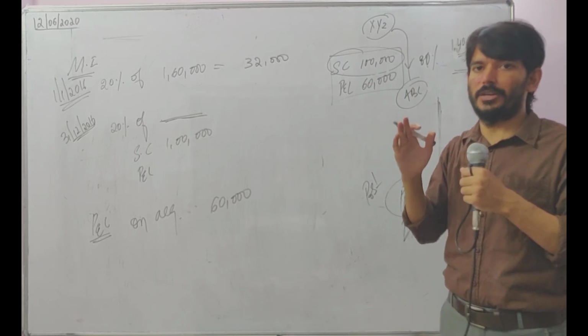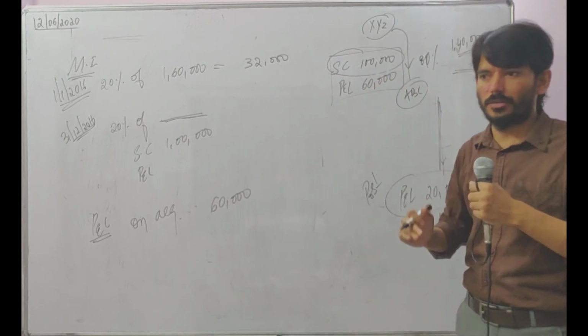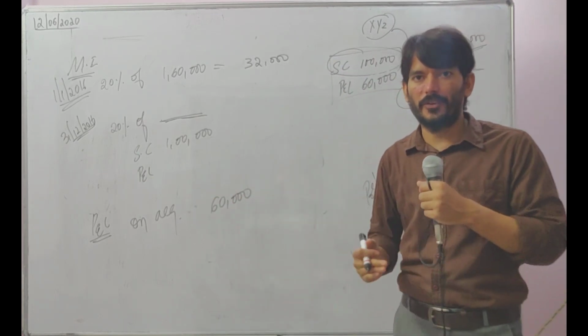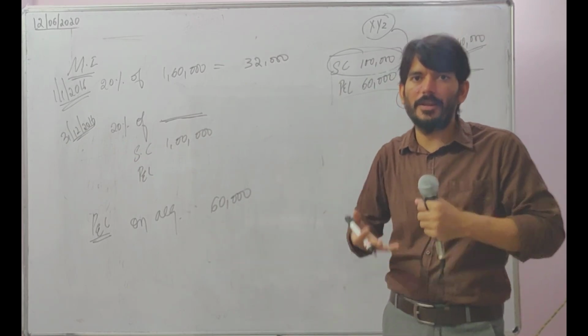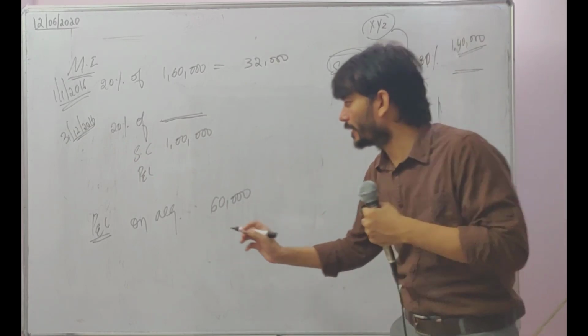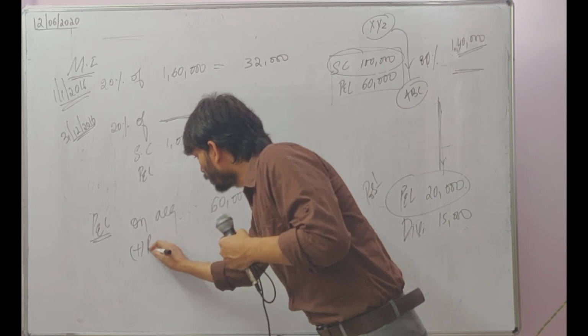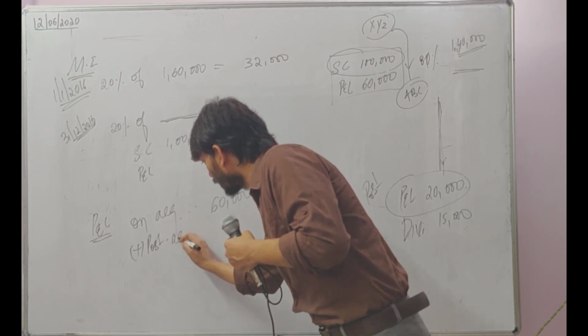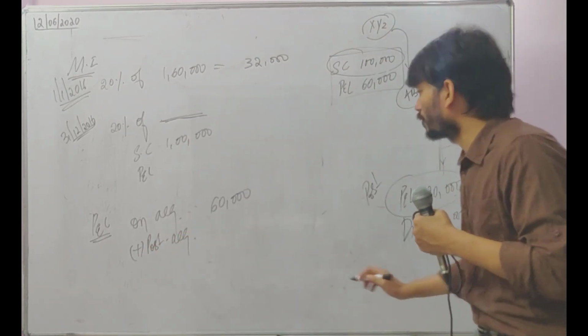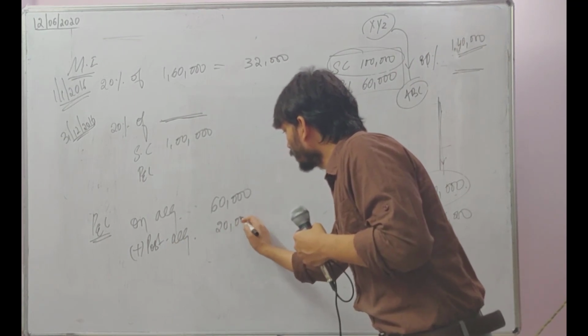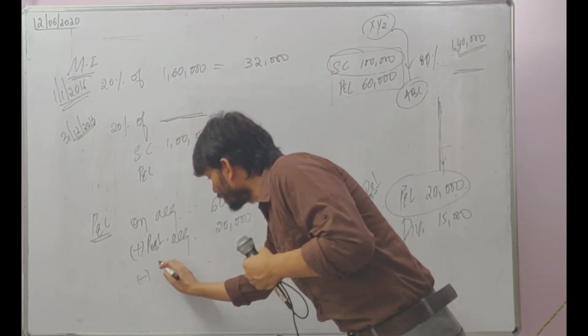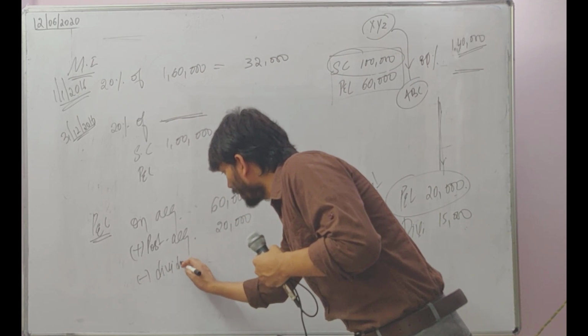Now today is the acquisition date. My P&L is 60,000. During the period I earned a profit. When I'm earning profit, will my P&L increase or decrease? It will increase, right? So plus the post acquisition profit that came, that profit is 20,000, minus dividend. Sir, why are you deducting dividend?